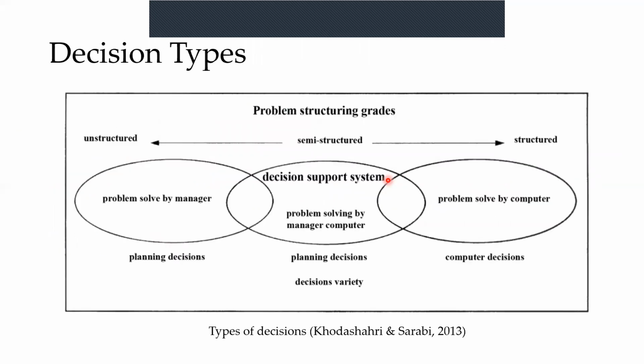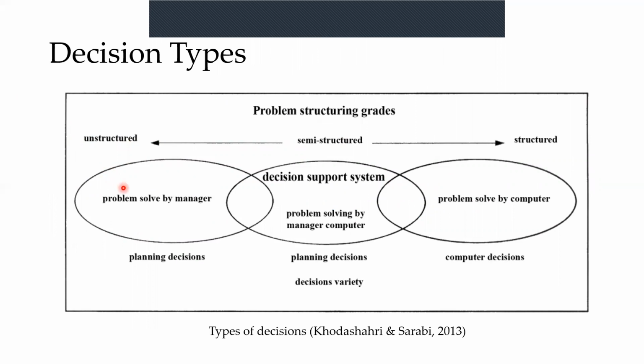Let me move on to the decision types. The first type of decision is the unstructured decision, and these are chaotic, hard to predict, subjective, abstract, qualitative. And for these types of decisions, it's best that a human makes the decision.